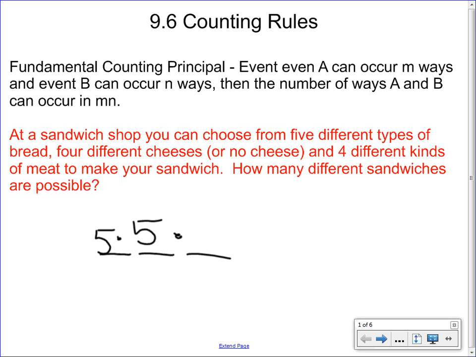Times how many types of meat? 4. So we have 100 different types of sandwiches we can make. We really don't have very many choices, and we have 100 different sandwiches. Can you imagine the possibilities at Subway?